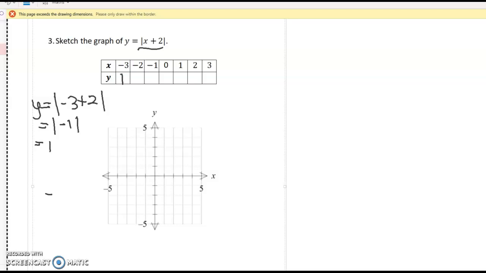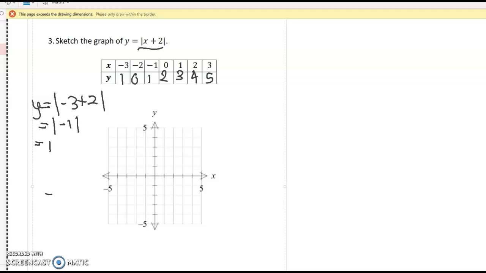Okay, so we've got 1 there, and if we try minus 2, minus 2 plus 2 is 0. Minus 1 will be at 1, and 0 will be at 2, and then you'll see it continue 3, 4, 5.